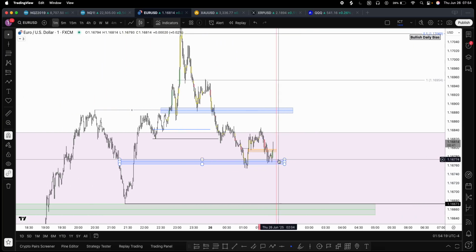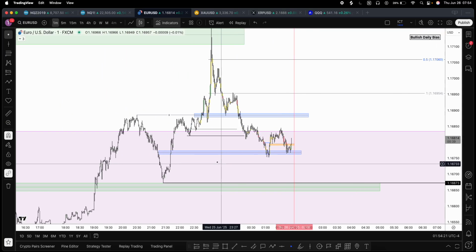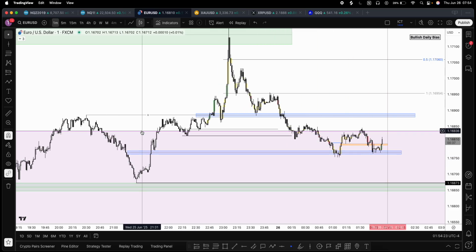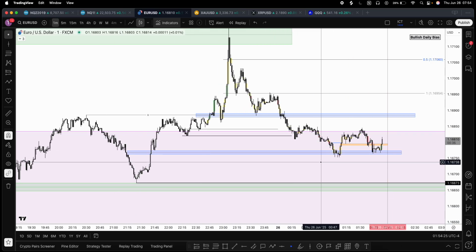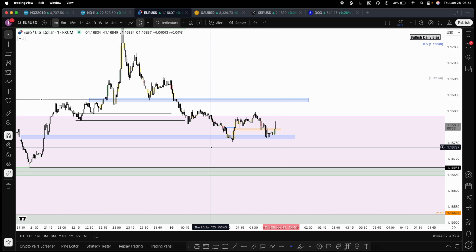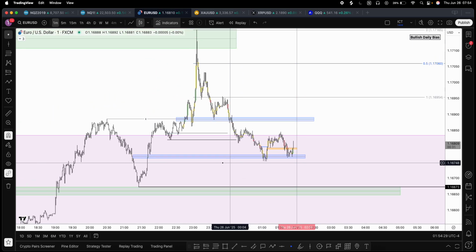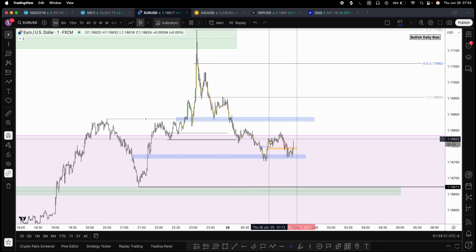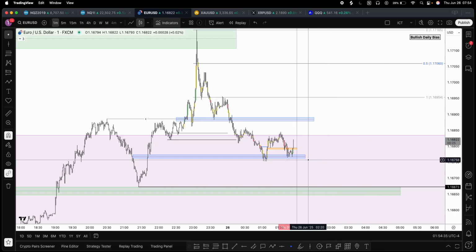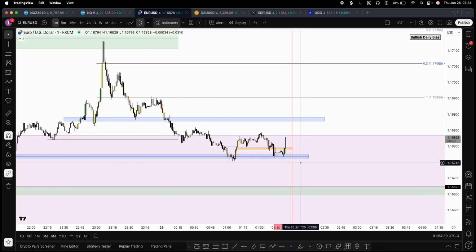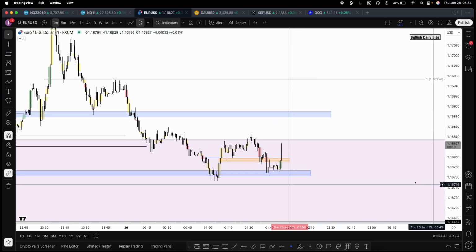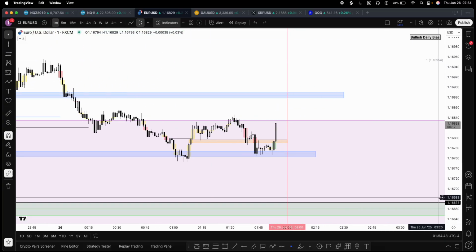And a long would also be interesting because we've come up above this purple area, which is the weekly fair value gap. We've come up above it, come back down, and we could bounce above it as an inversion fair value gap. Okay, price is moving pretty quickly to the upside here.